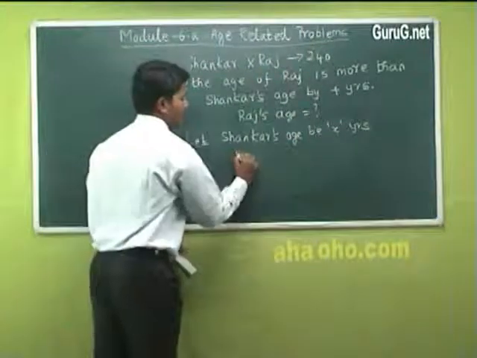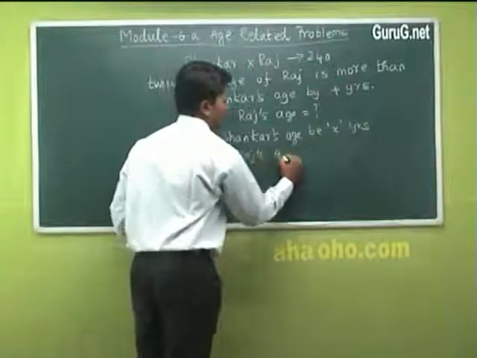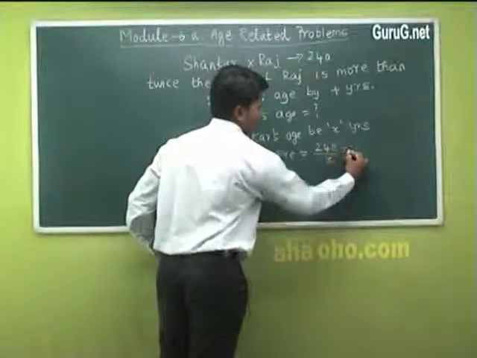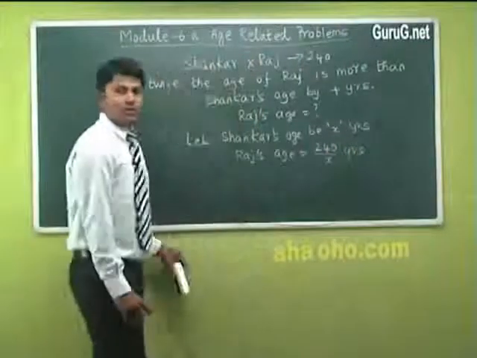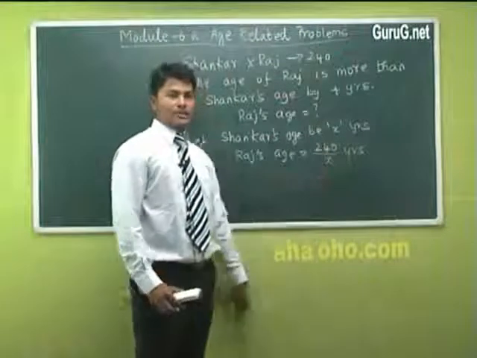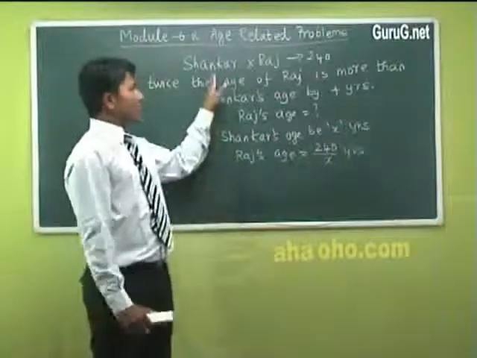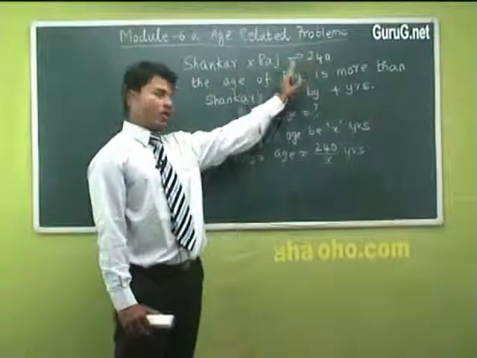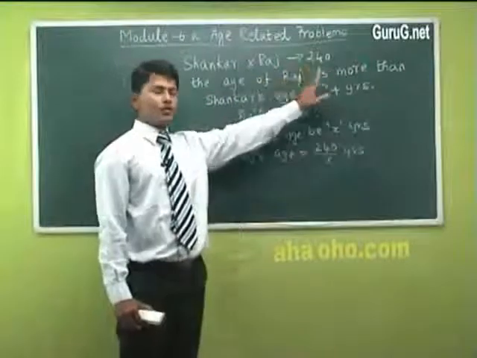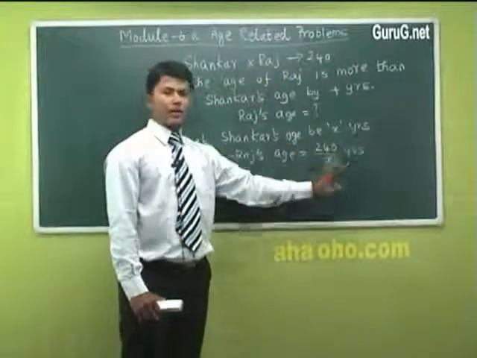So what will be Raj's age? Raj's age will be 240 by x years. How? Because the product of the ages is 240, and we have taken Shankar's age to be x years. So x into Raj is equal to 240. So Raj's age will be 240 by x years.